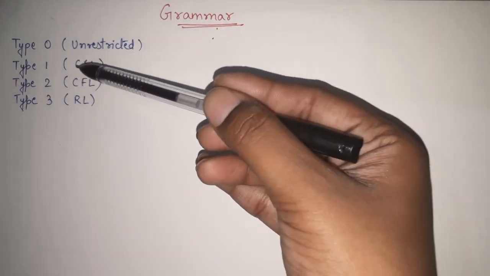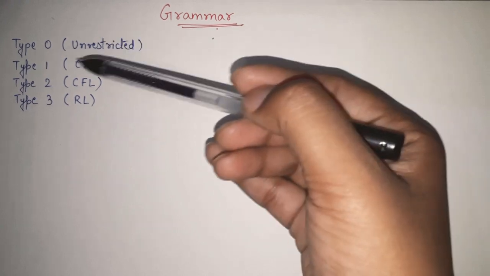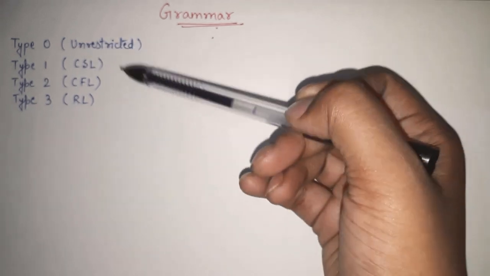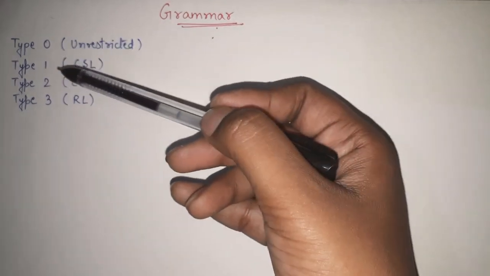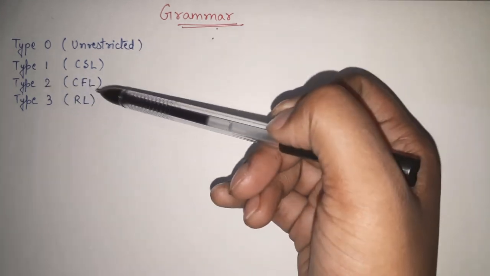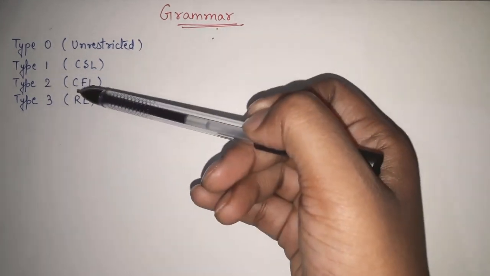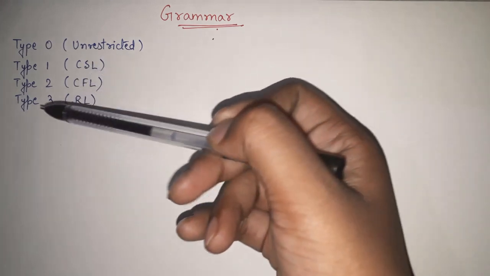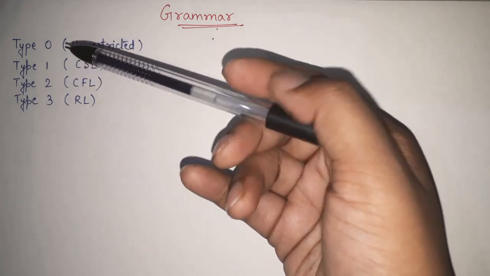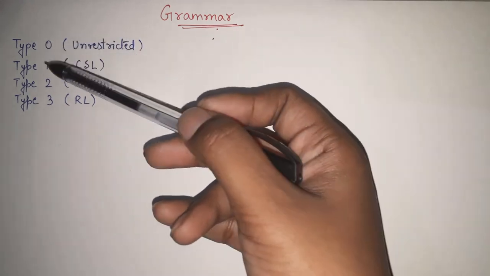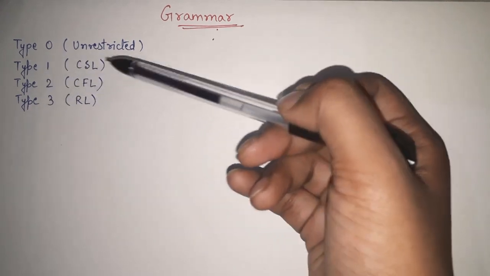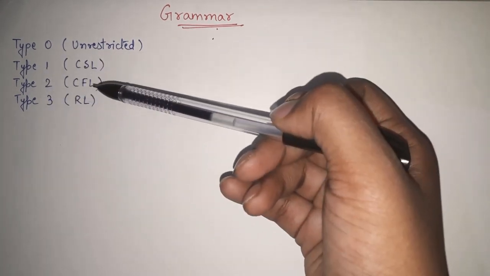Type 1 is context sensitive grammar, the grammar that supports context sensitive languages. Type 2 is context free grammar that supports context free languages, and type 3 is regular grammar that supports regular languages. So again, type 0 is unrestricted grammar, type 1 is context sensitive grammar, type 2 is context free grammar, and type 3 is regular grammar.